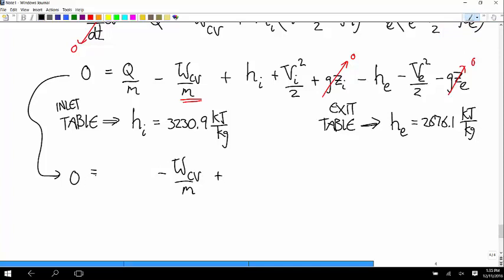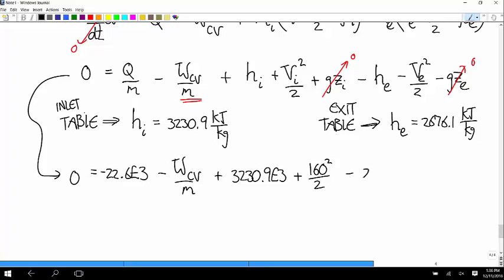So Q over M now is negative 22.6 times 10 to the third. HI is 3230.9 times 10 to the third. VI squared: VI is 160, so 160 squared over 2.